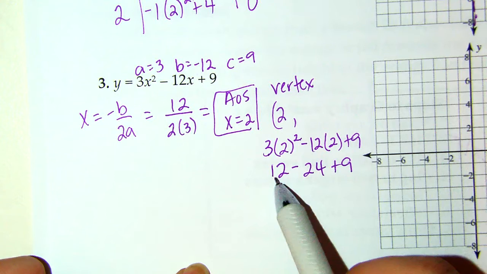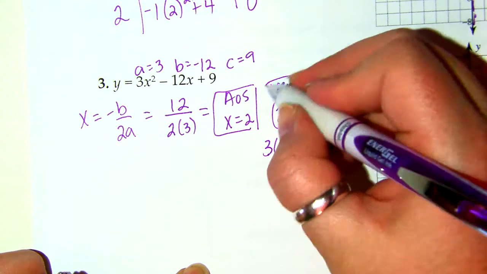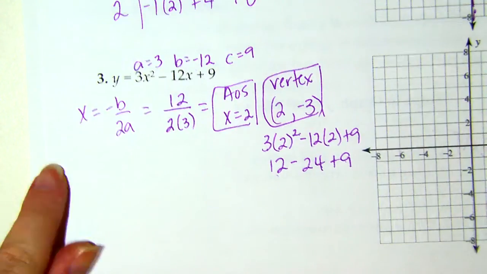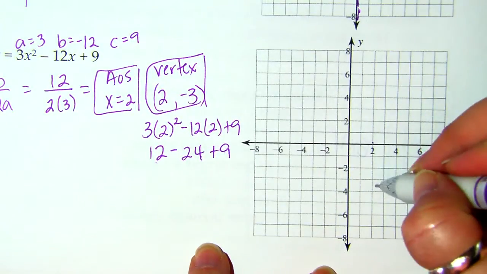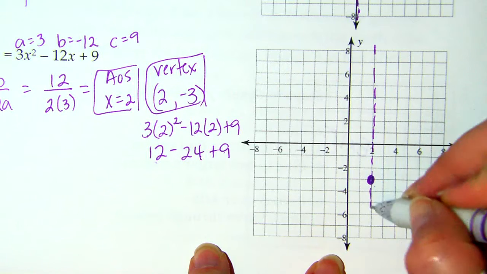So that's negative 12 plus 9, which is negative 3. Again, you can plug all of that into your calculator, not have to do it by hand if you don't want to. So I'm going to go ahead and plot that. 2, negative 3, over 2, down 3. And go ahead and draw the axis of symmetry so you don't forget.